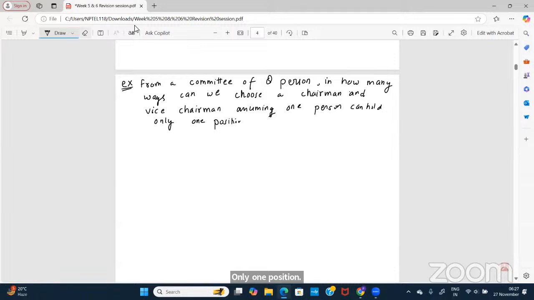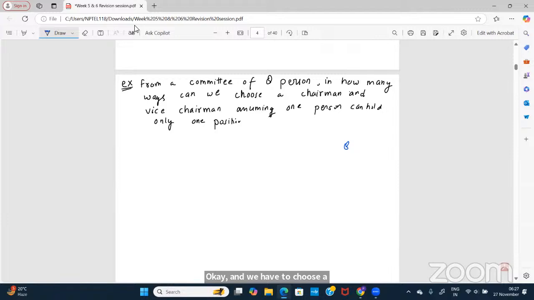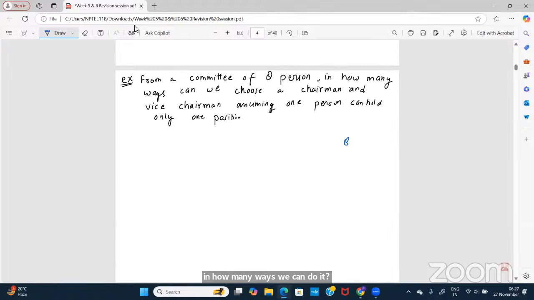Okay. So here what we are given is that there is a committee of 8, right? And we have to choose a chairman and a vice chairman. In how many ways can we do it? 56. How 56? 8P2. So it will be 8P2, right?